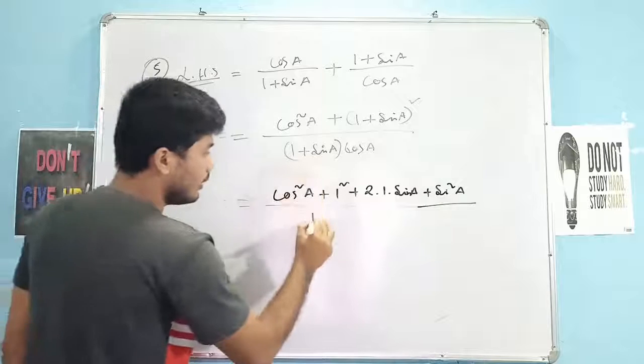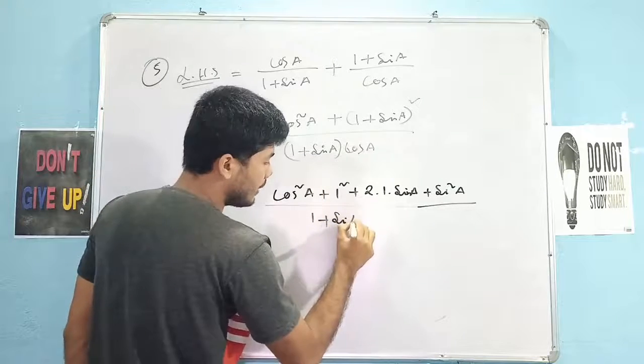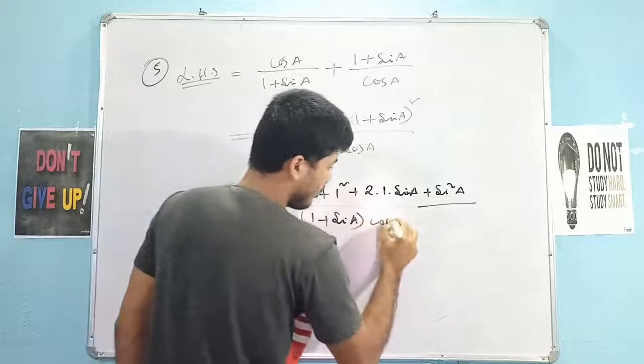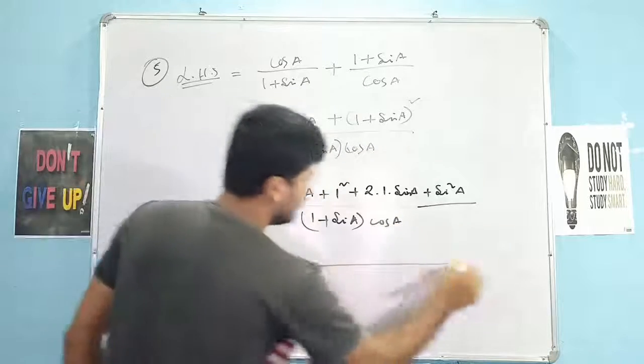Awesome. Well, in the denominator we have 1 plus sin A and cos A. Take it as it is.